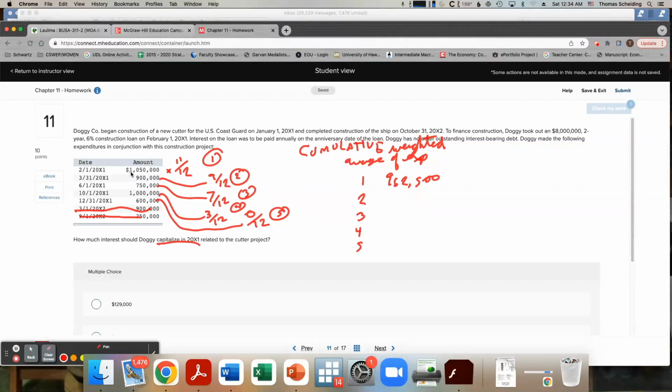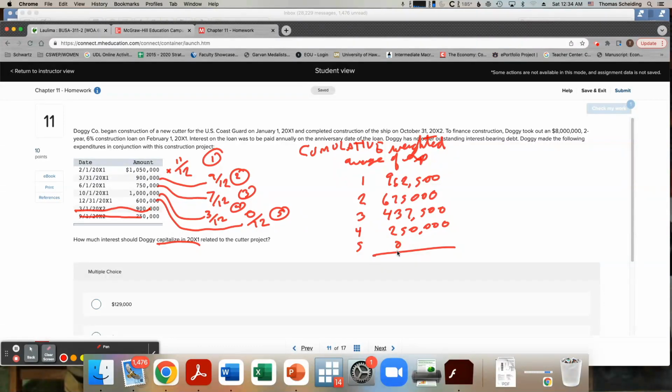Okay, so I just took 1.050 million and multiplied it by 11/12. So now I'm just going to keep going down the line here. 675,000. Again, that's just 900,000 times 9/12. And then 0.